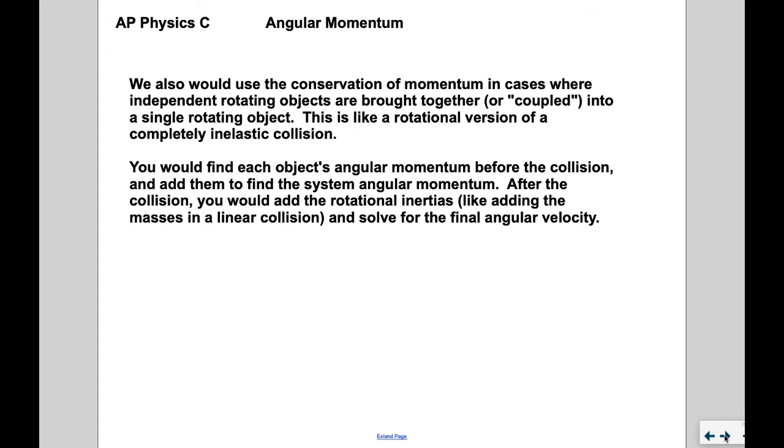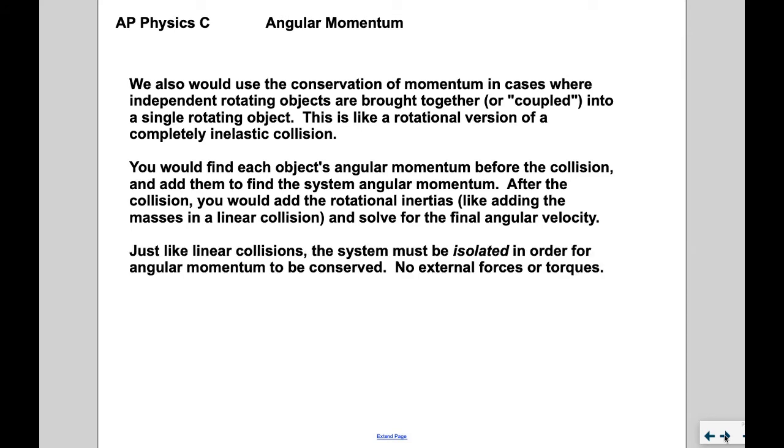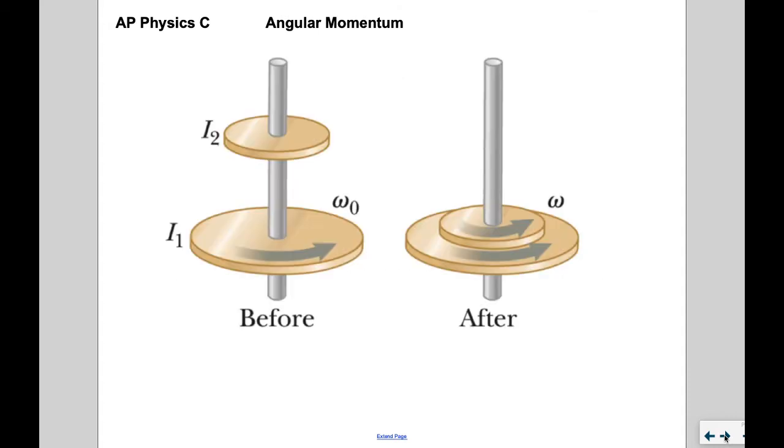You would find each object's angular momentum before the collision, add them to find the system angular momentum, and then after the collision you would add the two objects' rotational inertias, like adding the masses in a linear collision, and then solve for the final angular velocity. Just like in linear collisions, the system must be isolated in order for angular momentum to be conserved, so we can't have external forces or torques acting on it.